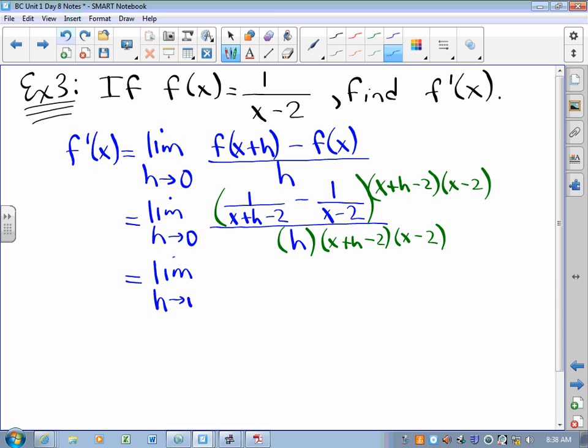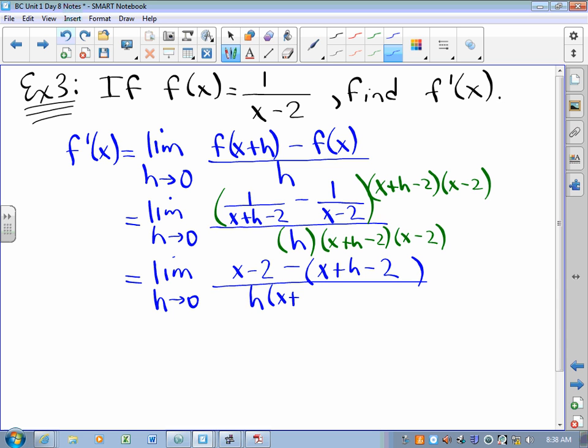This is called socialism. So what's up top? When we distribute here, we get x minus 2, minus what we get when we distribute here. The x minus 2's will cancel and leave us with x plus h minus 2.